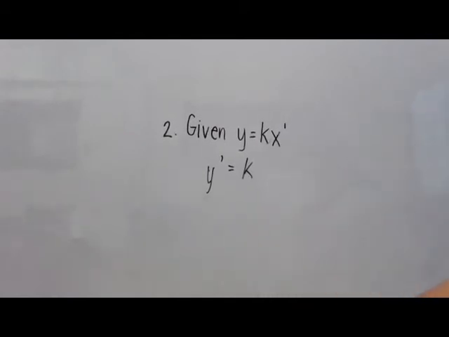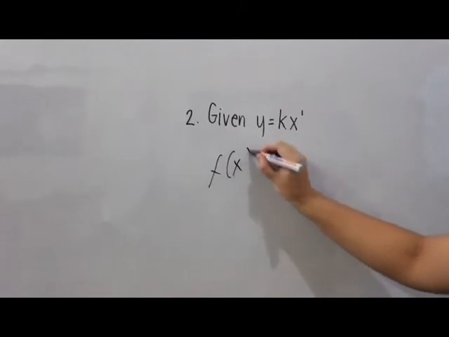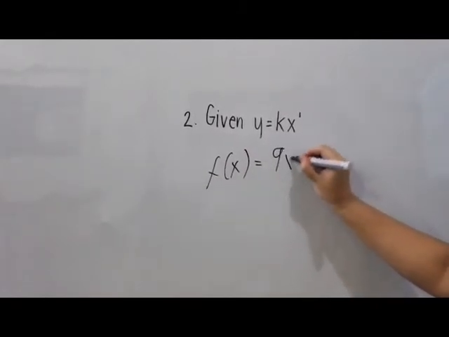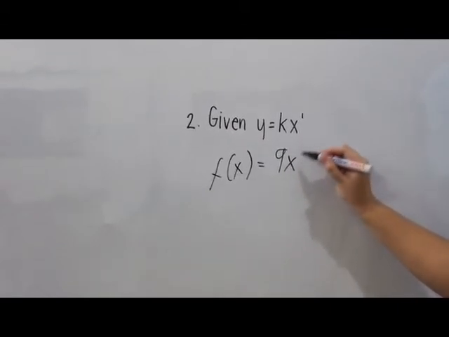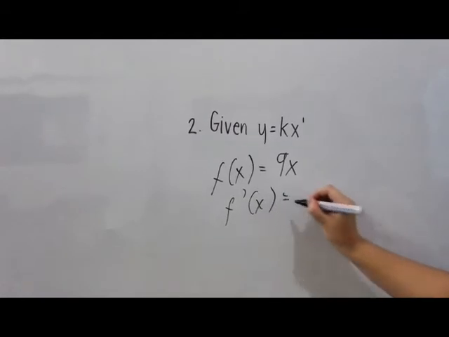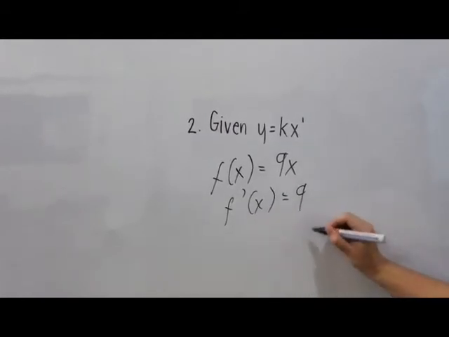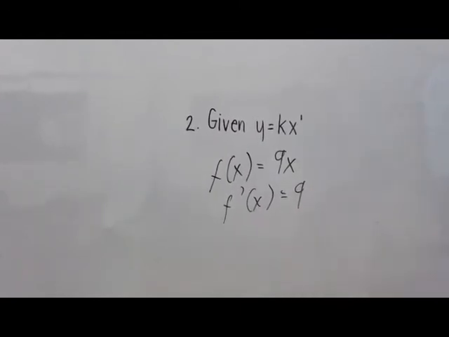Let's have an example. So, for example, you were given f of x equals 9x. So here you can see that we have a coefficient and x is raised to 1. So therefore, f prime of x is equal to 9 because 9 is the coefficient of the term. Let's have another example.